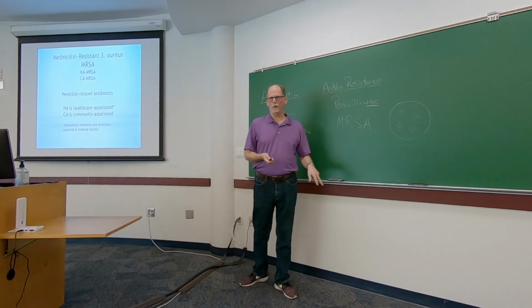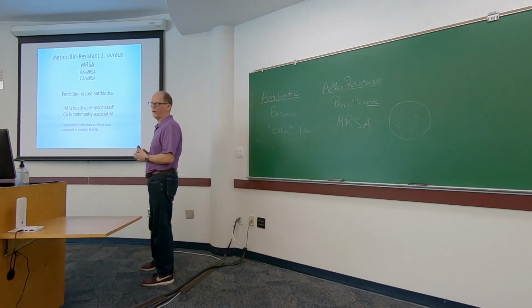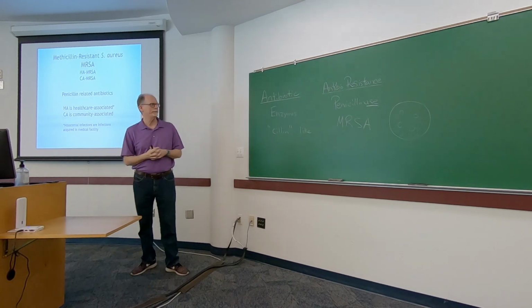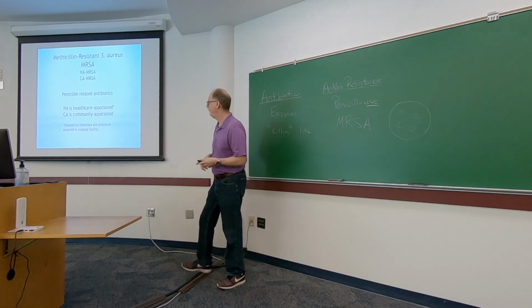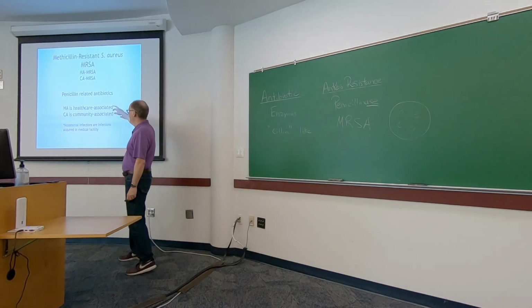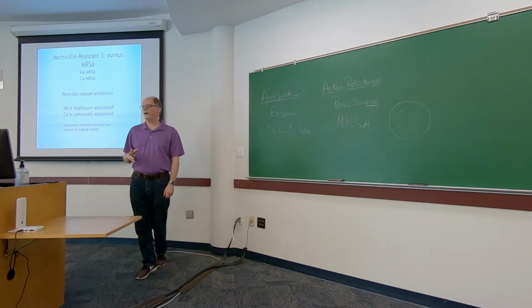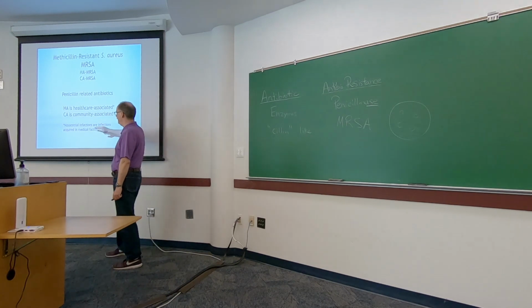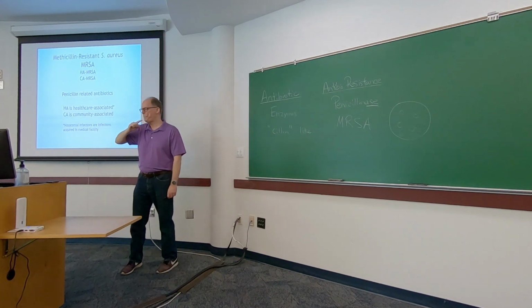Methicillin-resistant Staph aureus is what MRSA stands for. Now, HA is healthcare associated, right? CA is community associated. I think there's a question about healthcare associated infections, and we'll talk more about it in the next section.